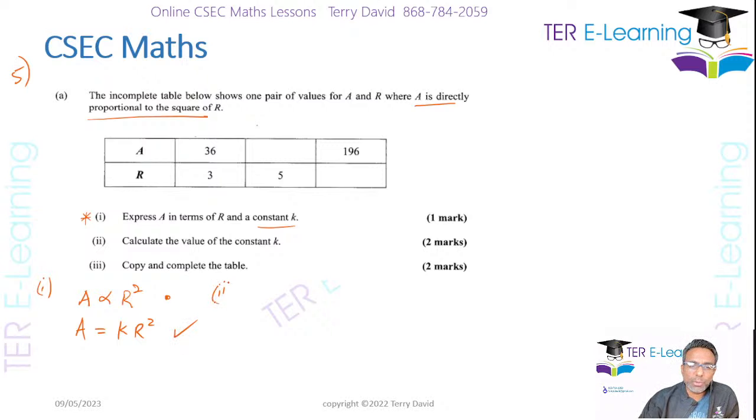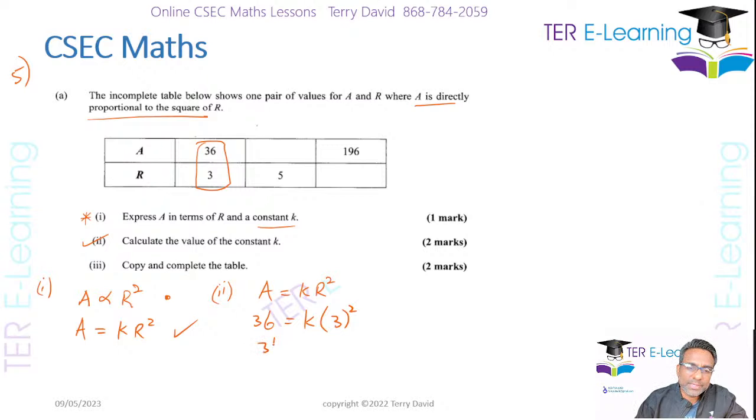For part 2, we want to calculate the value of the constant. Normally, if they give us data in a table like this, we have to find a value for K. Since we know that A is equal to K times R squared, and A is 36, we have 36 is equal to K multiplied by R squared, which is 3 squared.